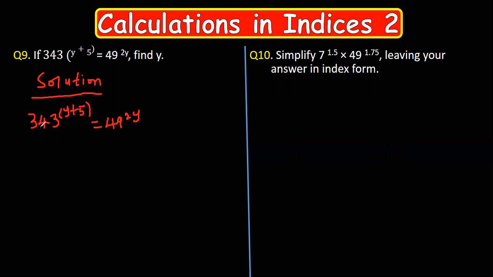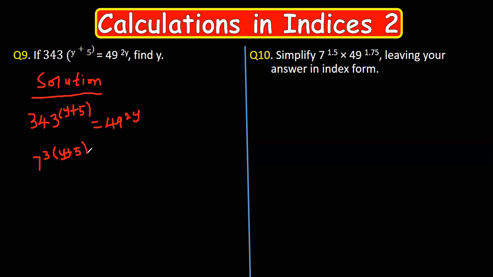So here, this is 49, so this is going to be 7 raised to the power of 3, because 7 times 7 is 49, times another 7, that will give you this result. So 7 raised to the power of 3, then brackets y plus 5.